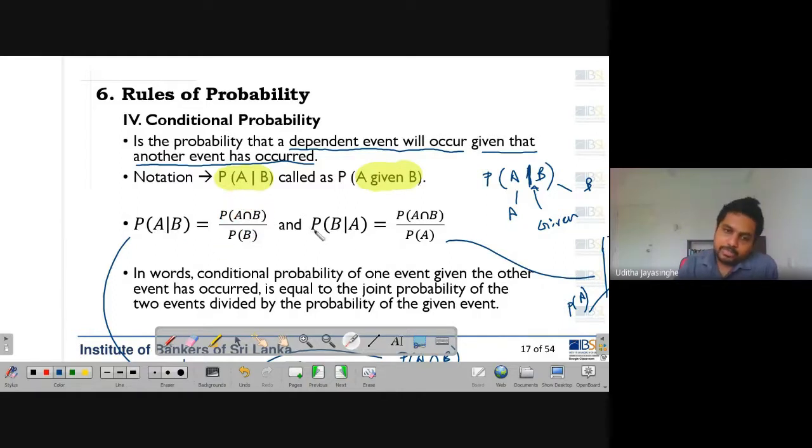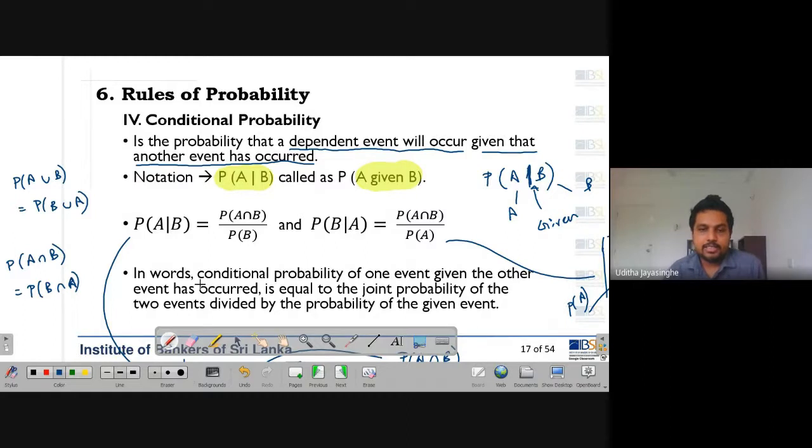Or on the flip side, you can also define P B given A. This is the same, A intersection B or B intersection A. Now with these unions and intersections, students, you can write them in either order. P A union B, even if you write it as P B union A, these are the same. On the other hand, P A intersection B or B intersection A, however you write it, these are the same.